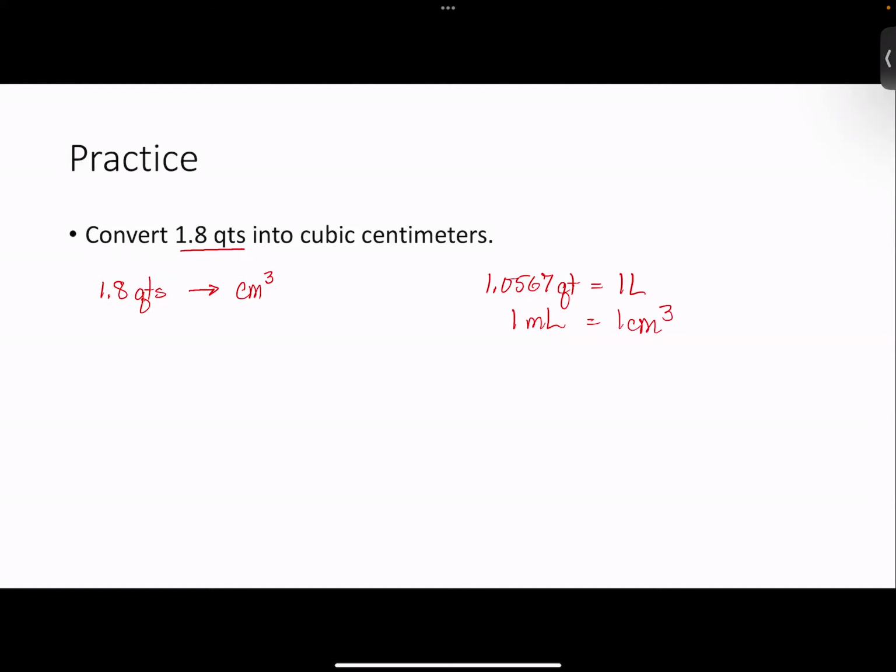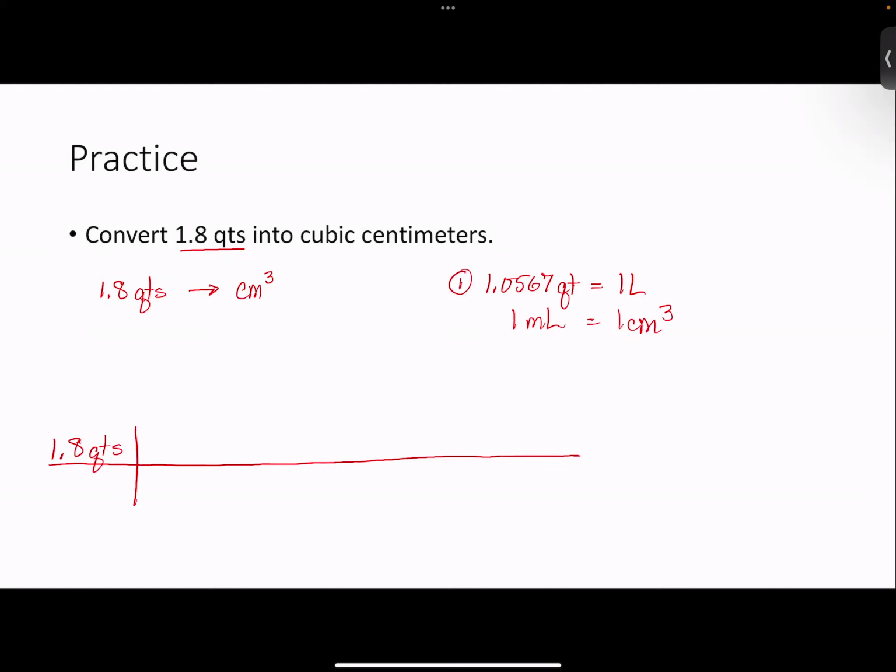So again, you start by listing out conversion factors that you may need. You may have all the conversion factors, you may not. We'll find out. So when we begin our calculation, we begin with the 1.8 quarts. Our first conversion factor has to have quarts in it.